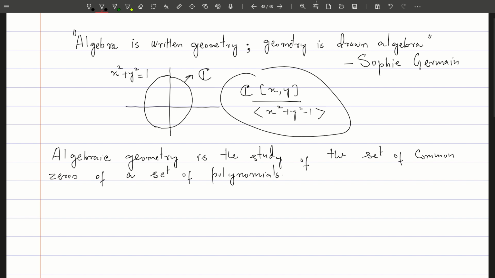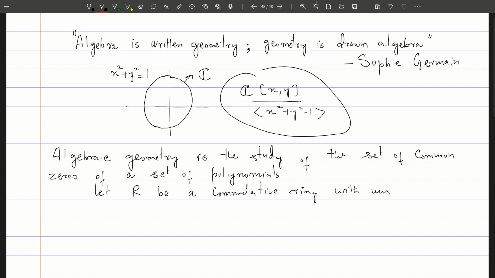Suppose we are given a subset of polynomials. So let us first of all consider the polynomial ring over the ring R. So let R be a commutative ring with the identity element.